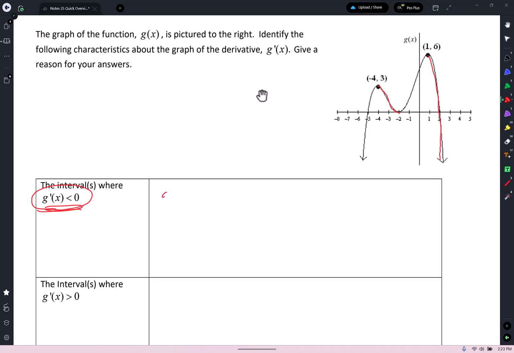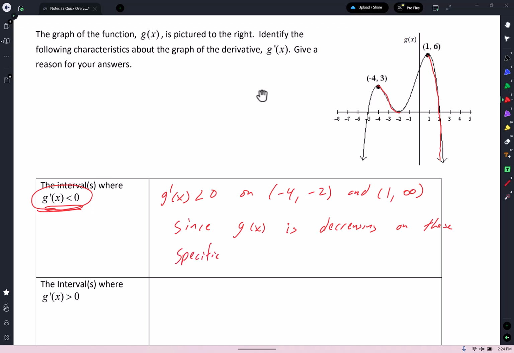So g prime is negative on negative 4 comma all the way to negative 2, and 1 comma all the way to infinity, since g of x is decreasing on these specific intervals. Usually we like to say the other way around, g of x is decreasing because g prime is negative, but we'll allow it.